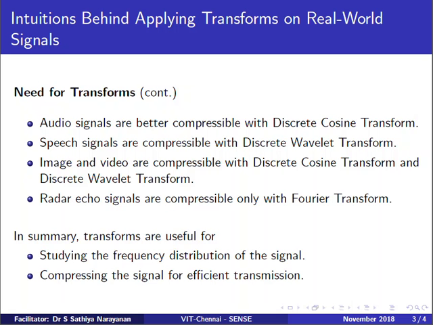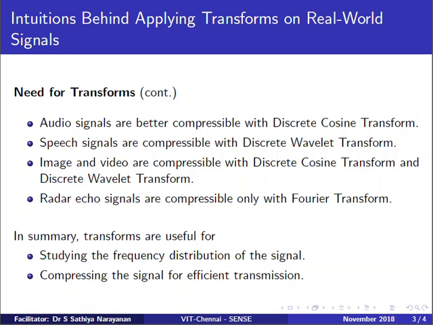To summarize why transforms are used. Firstly, any transform when applied on a signal converts the signal from time domain to frequency domain. Since the transformed signal is in frequency domain, we can study the frequency distribution of the signal, or infer the frequency information of the signal.